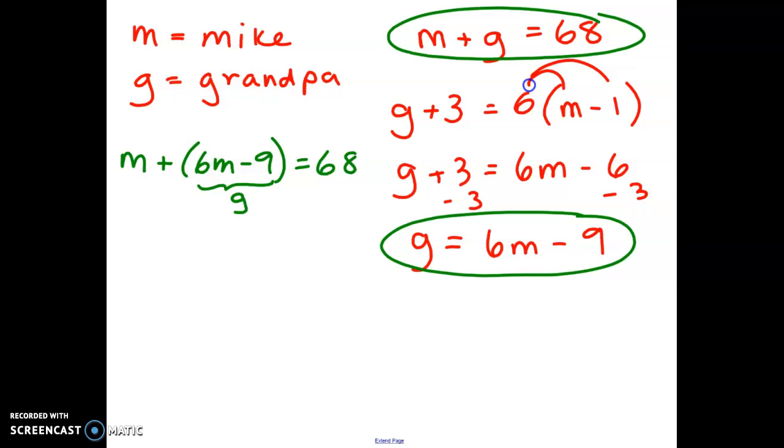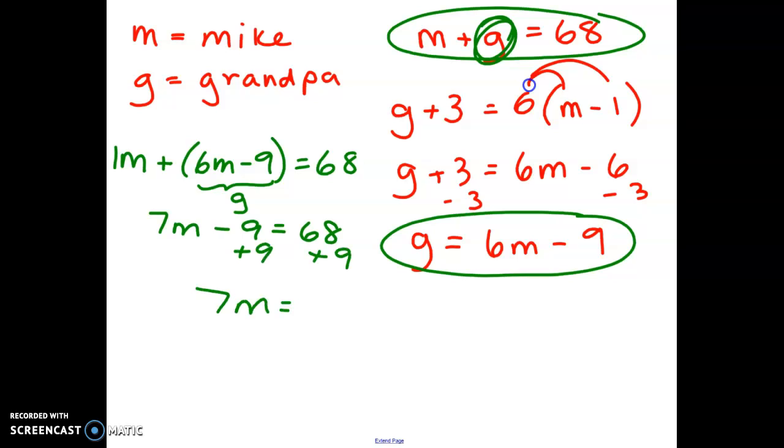So I can trade 6M minus 9 in for grandpa's age in my other equation, because I know that grandpa is 6M minus 9. So all we have to do then is combine our like terms. So we have 1M and 6M is 7M minus 9. I'll add my 9 over.